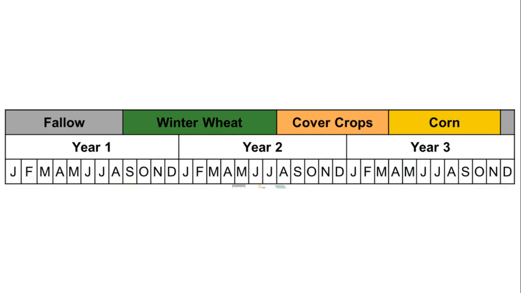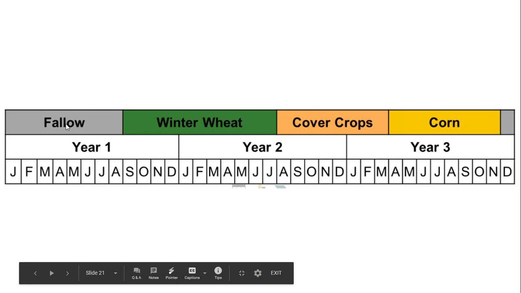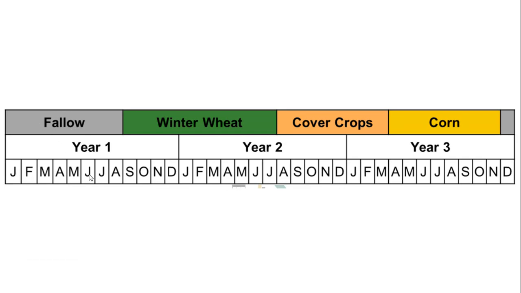Now, the way we would work cover crops into a crop rotation, it can be an every year thing or it can be on a bigger cycle. A lot of times people will do a cover crop on a larger cycle, and this is a good example of that. They have a fallow period that goes until August, and then they're planting their winter wheat in August, and that goes into year 2.